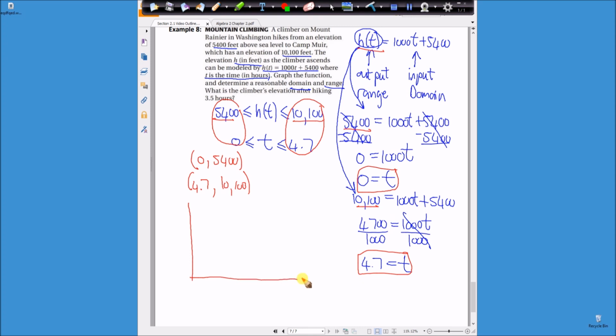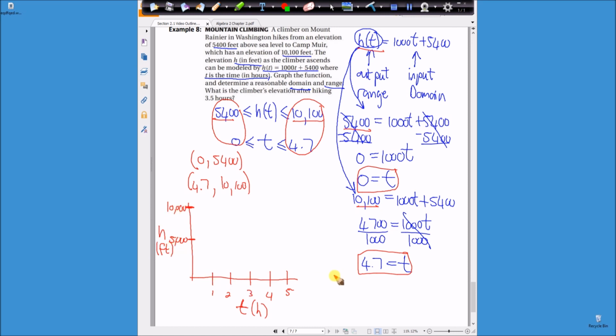You can make a graph with that fairly simply. Let's do some enumeration here: 1, 2, 3, 4, 5, and let's say this is time in hours, and this would be height in feet. Over here, very simply, let's call this 5,000, and this 10,000.